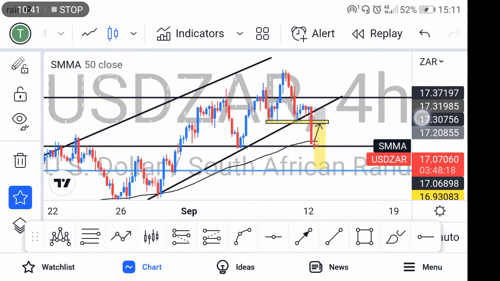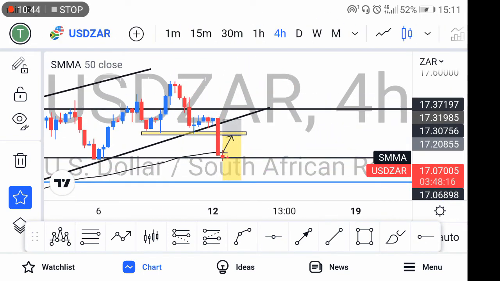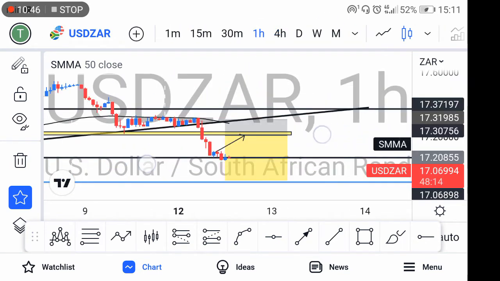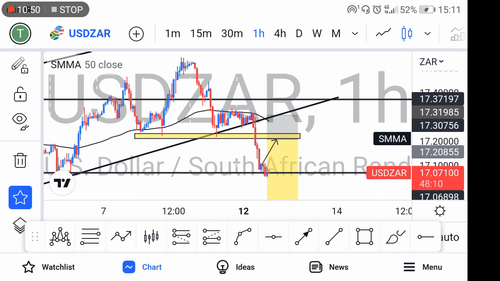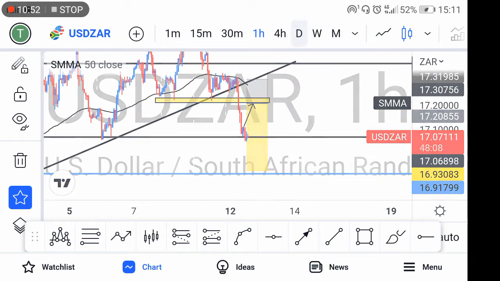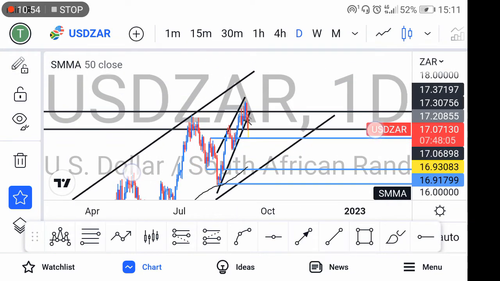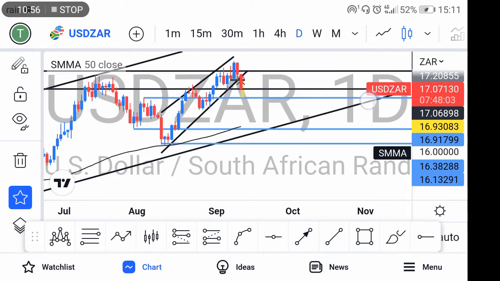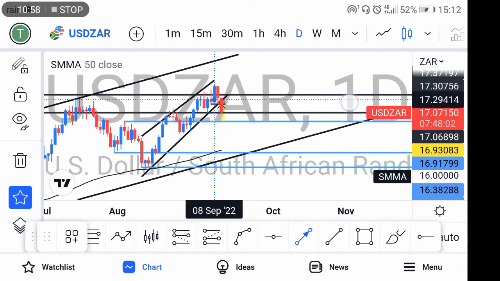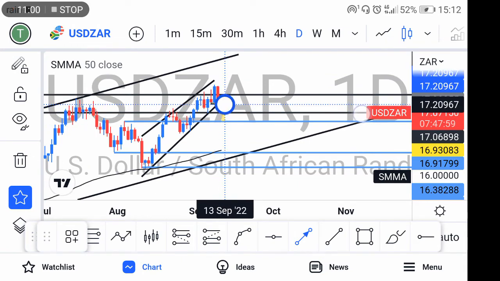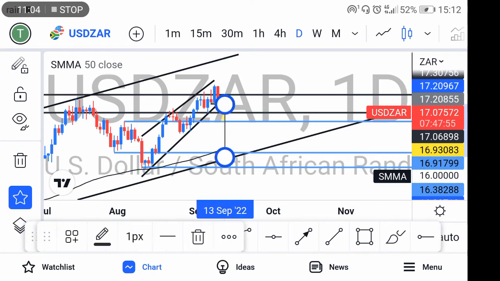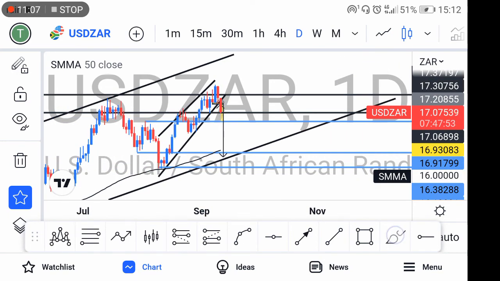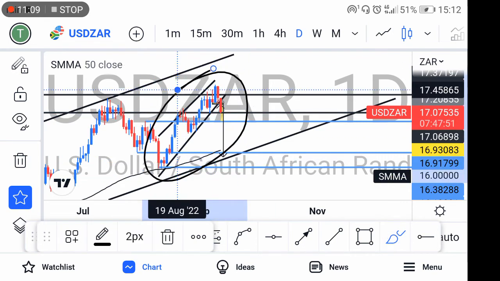So if we can go back to our neckline, then we can start looking for those entries, guys. This one might be a good swing trade, guys. You can check the overall. If you can get that, and you can swing it until this level, guys, to complete the 90% rule of this channel.